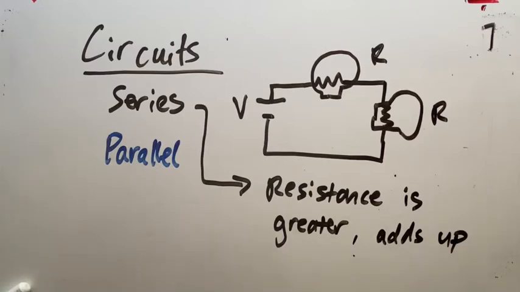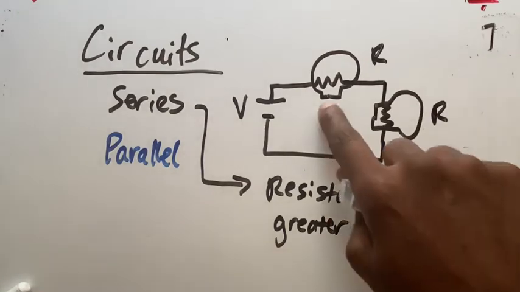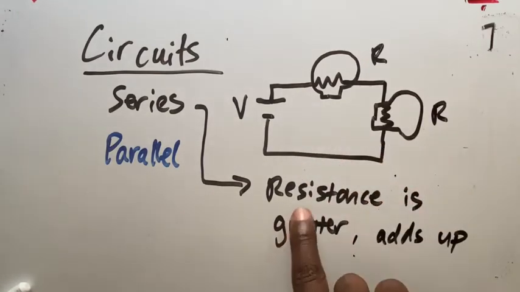Basically what I mean by greater resistance is if we add more and more light bulbs, the current's going to be less and less because the resistance is going to be greater and greater.